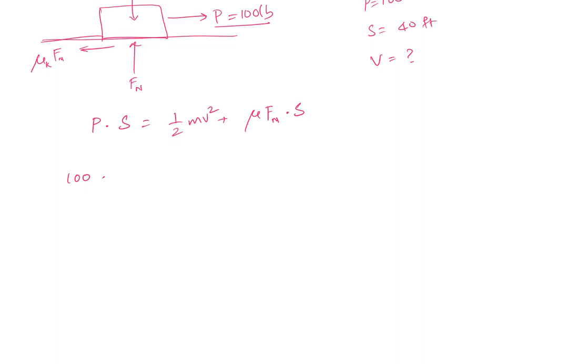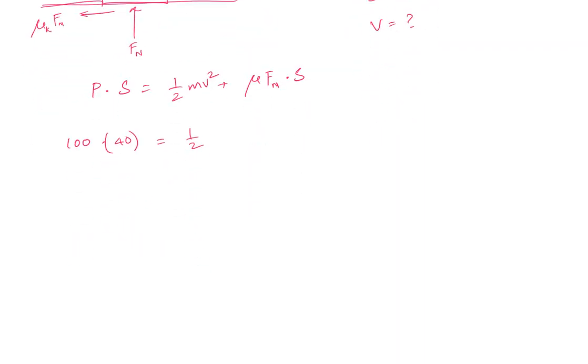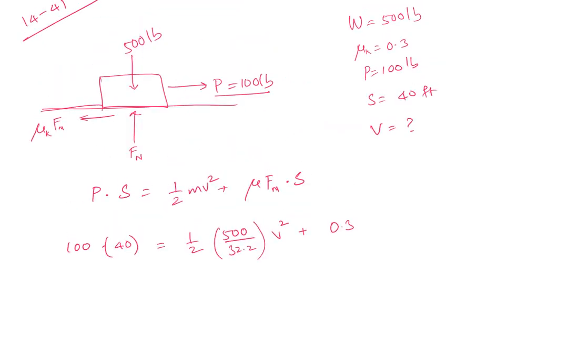100 times 40 equals half. Mass is what, 500 is the weight, so 32.2. Now this becomes mass. Velocity is what we've got to find out. V squared plus coefficient of friction is 0.3. Fn is, there's no other vertical force, right?